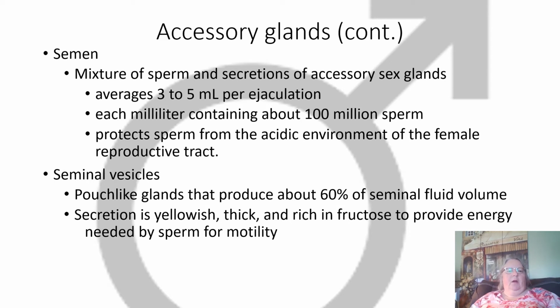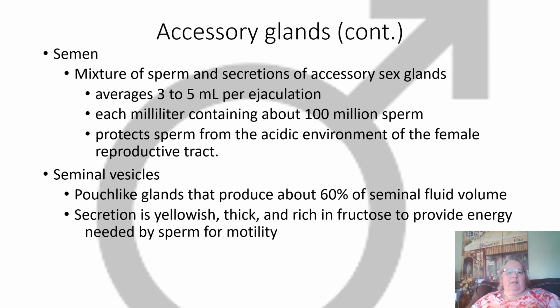Semen is a mixture of sperm and secretions of the accessory organs. The average ejaculation is 3 to 5 milliliters. It contains 100 million sperm. The semen protects the sperm from the acidic environment of the female reproductive tract.